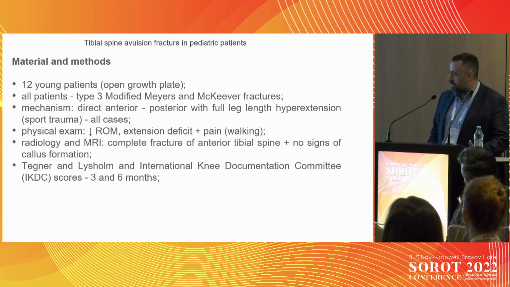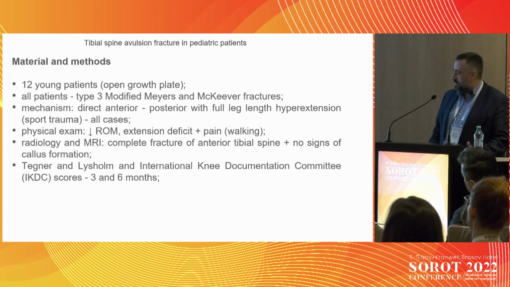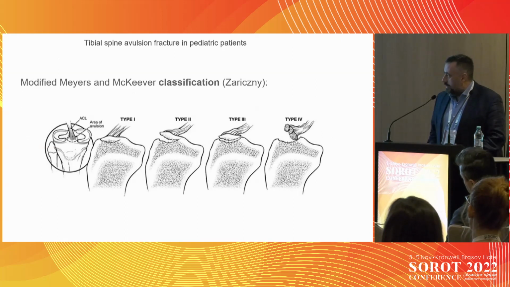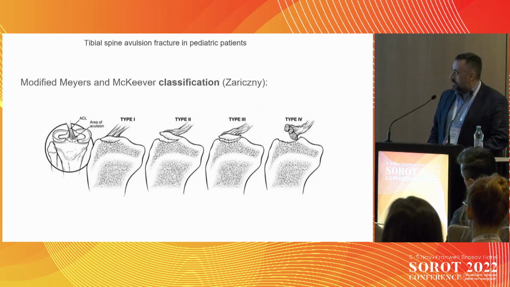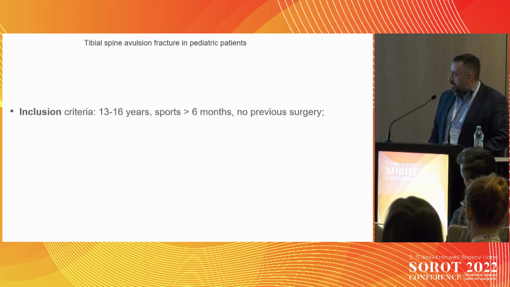We assessed these patients postoperatively with Tegner-Lysholm and IKDC scores at 3 and 6 months. So it's a small series of patients with a small period of follow-up. The classification we used is Meyers and McKeever, modified by Zaricznyj. All the patients were type 3.